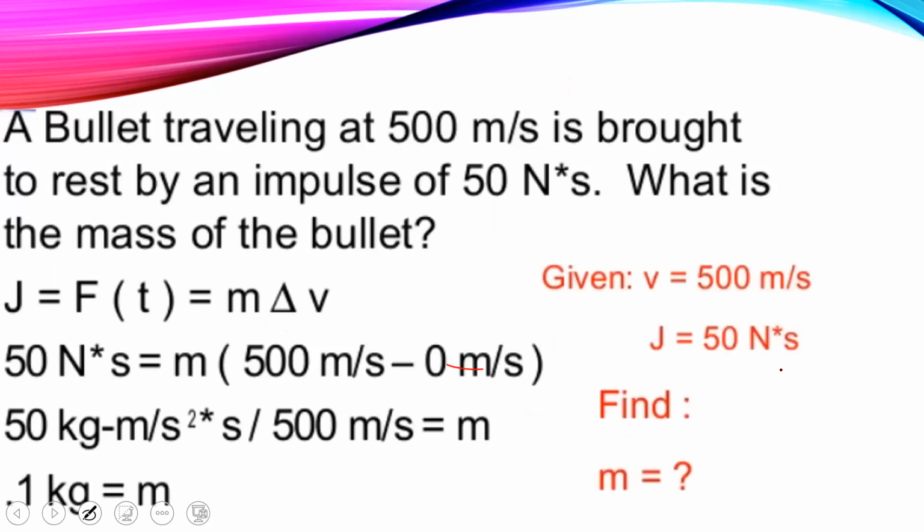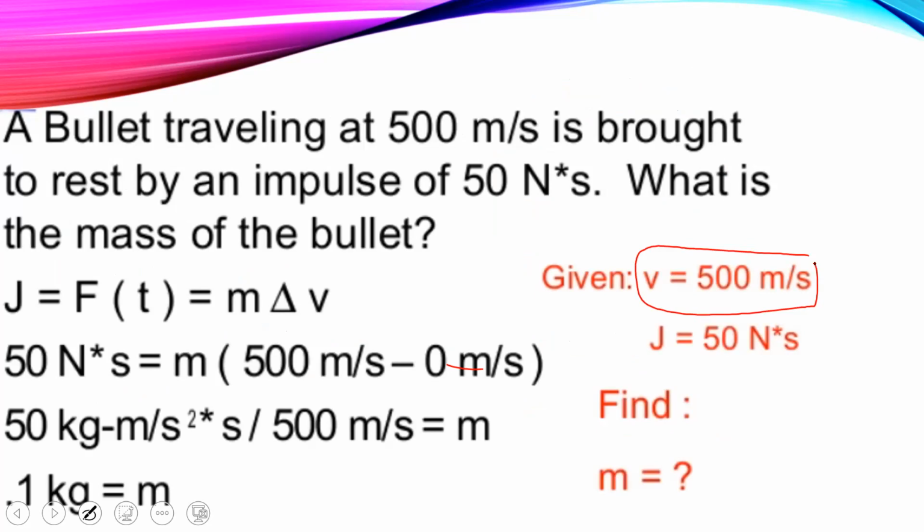Now, let's have another example here. A bullet traveling at 500 meters per second is brought to rest by an impulse of 50 Newton second. So here we have a change of velocity, 500 meters per second, and an impulse.